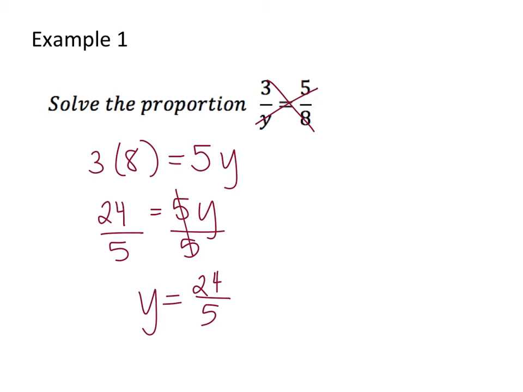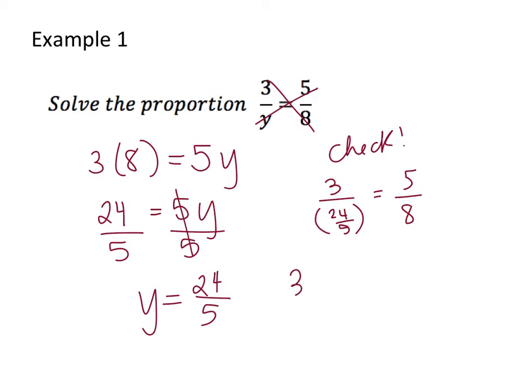And if I was to just plug this in to check my work, you can always check your answer. So I'll just put it over here. If I wanted to check, I would put 3 divided by 24 over 5 is equal to 5 over 8. And we know that when you're dividing by a fraction, it means you're multiplying by its reciprocal.